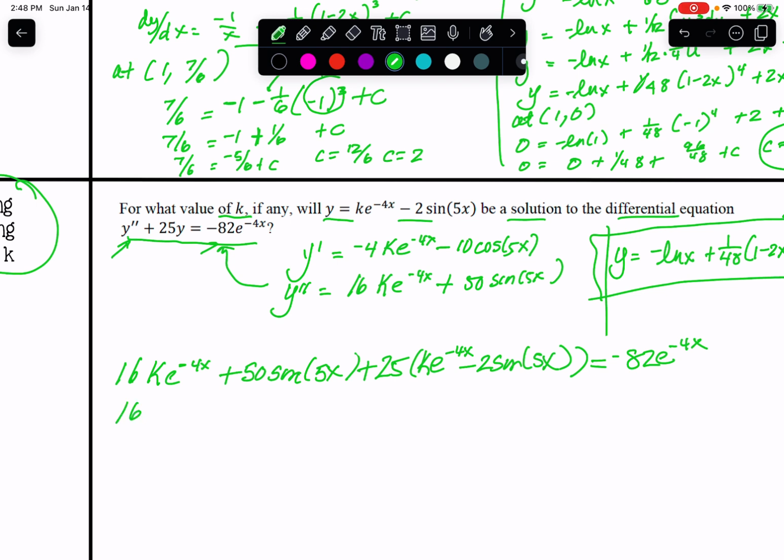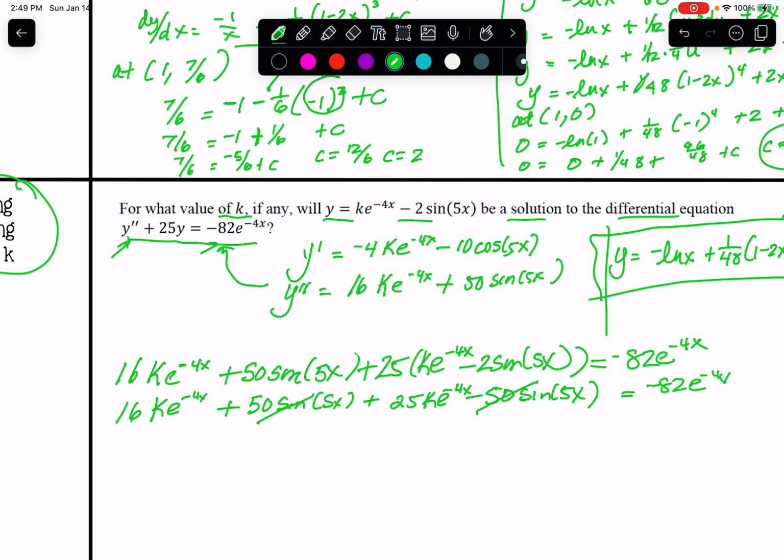We have 16 k e to the negative 4x plus 50 sine of 5x plus, let's multiply this through, 25 k e to the negative 4x minus 50 sine of 5x equals negative 82 e to the negative 4x.